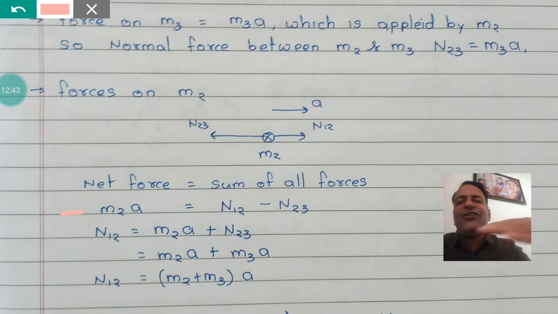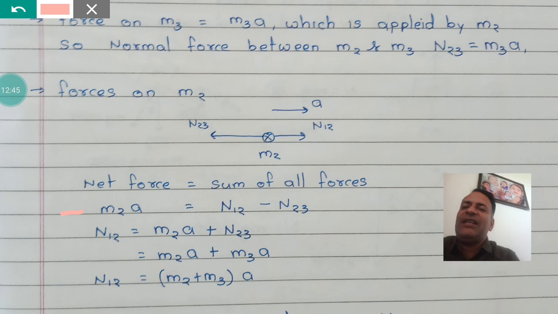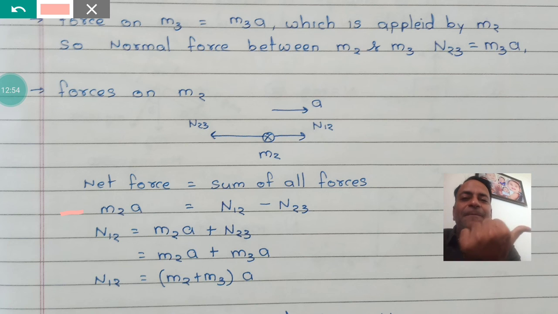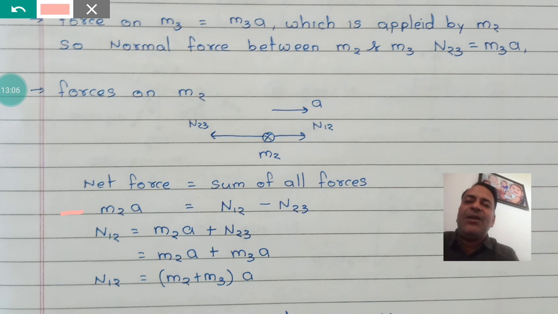All the forces working in the horizontal direction have to be written here. Okay, now see how the sign convention comes in. What is the direction of acceleration? It is towards the right side. So the forces acting on the right side, I will take as positive. Whatever forces are acting on this side, I will take as positive.